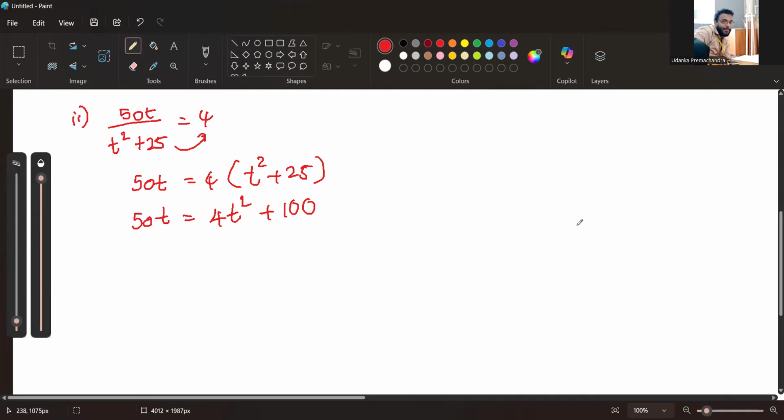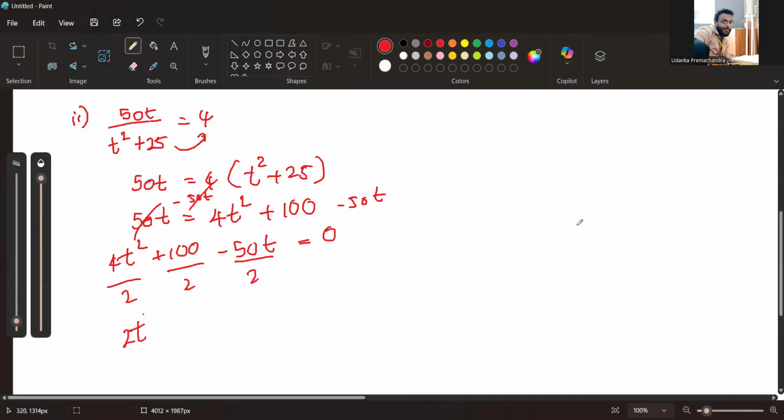Subtract 50T from both sides, so we get 4T squared plus 100 minus 50T equals 0. Now simplify this. You can divide all of it by 2: 2T squared minus 25T plus 50 equals 0.